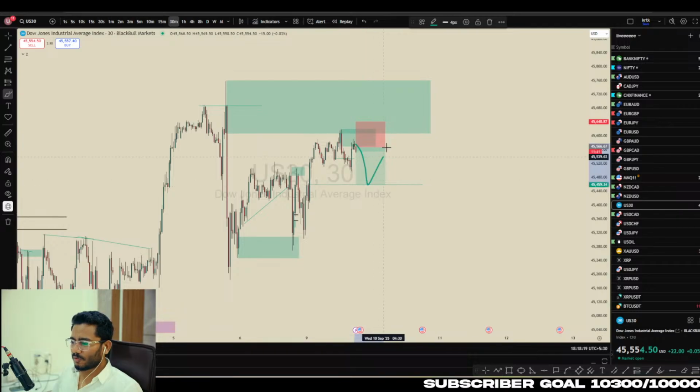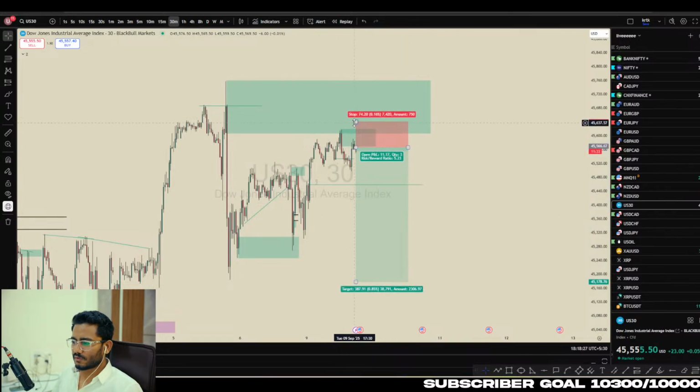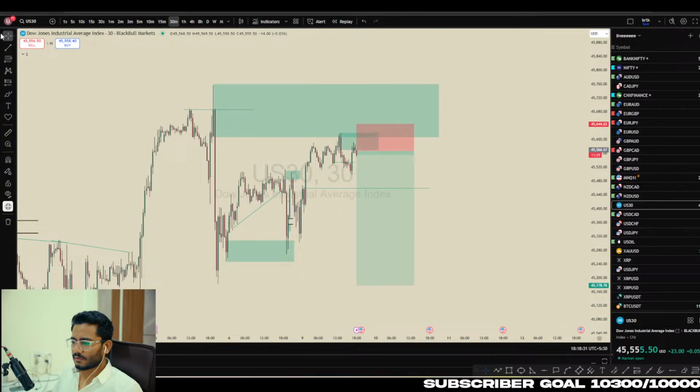It can tap this order block and then it can continue upside. So this is our original target, which is around 1 is to 5. We have this strong candle which took out, which should take this liquidity and then it should continue.